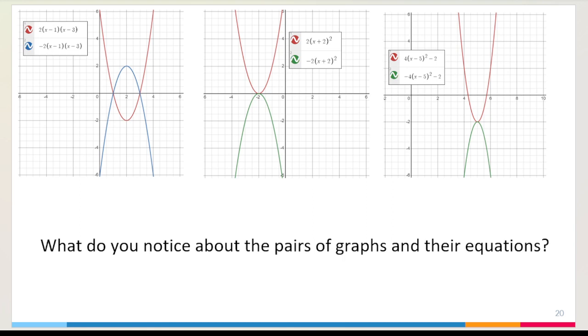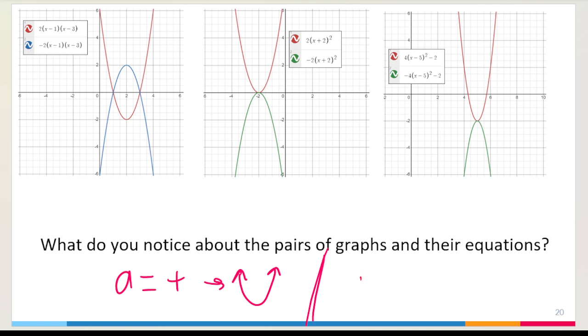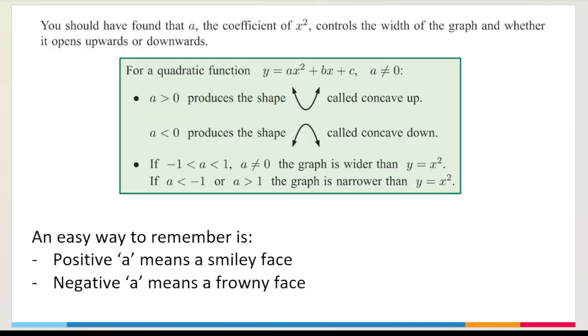So hopefully that is super clear. If a equals positive, we get that smiley face, compared to if a equals a negative, we are going to get that frowny face. Put little eyes on it to make it clear. So we call that concave up or concave down.